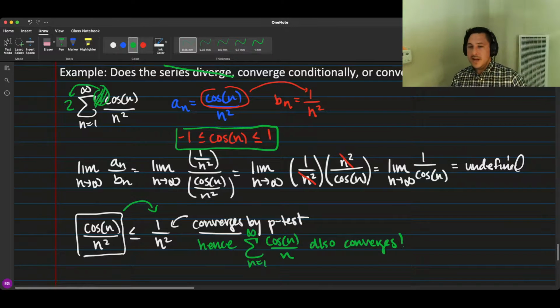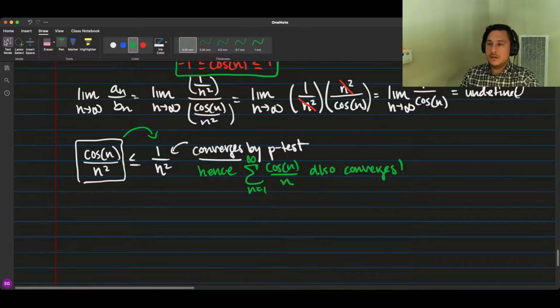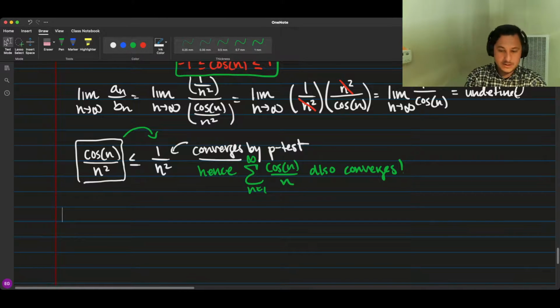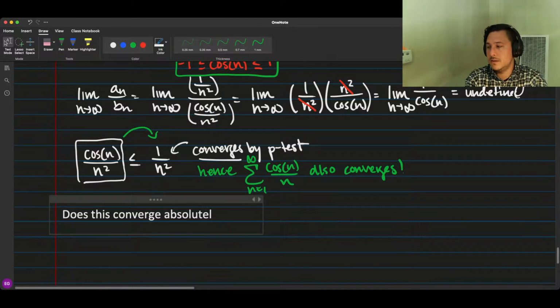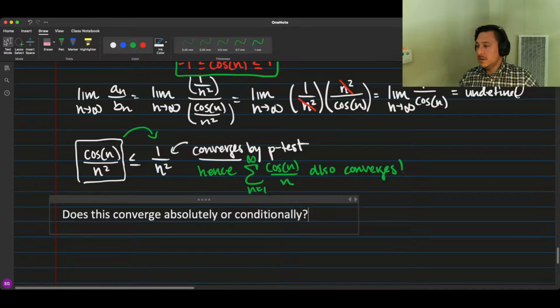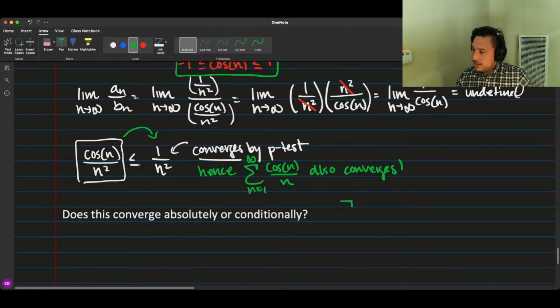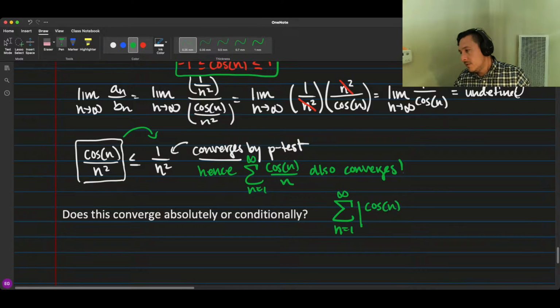Okay, so now we have to ask ourselves, does this thing converge absolutely or conditionally? So what we have to look at now is the infinite sum of the absolute value of the cosine of n over n squared.